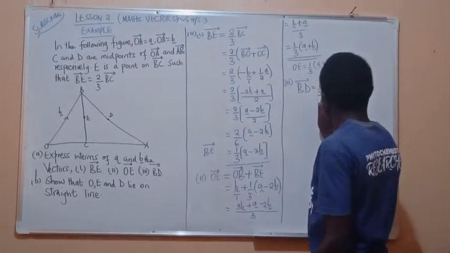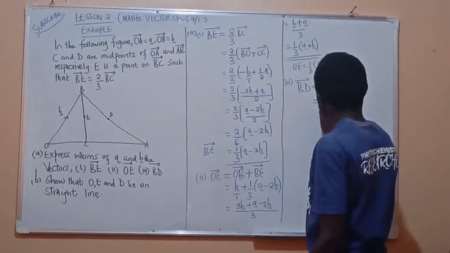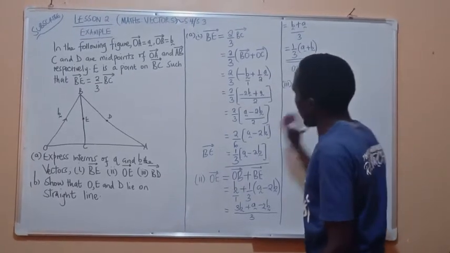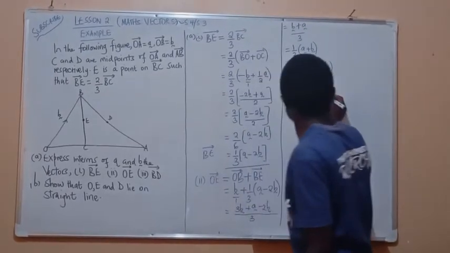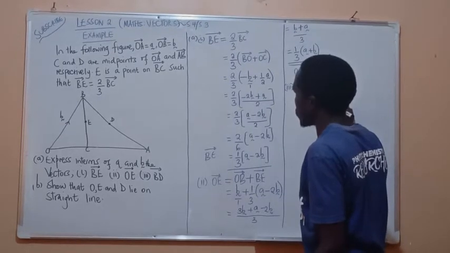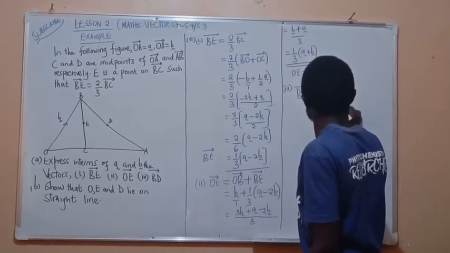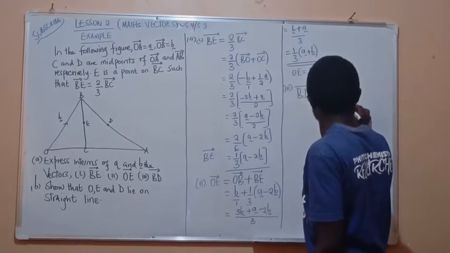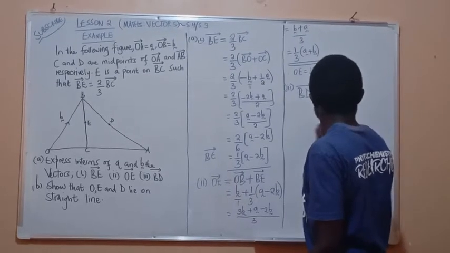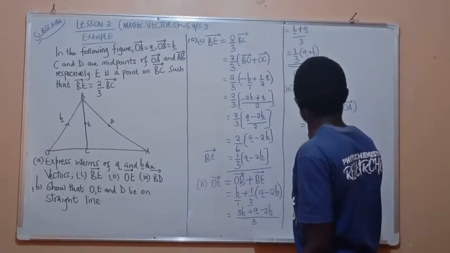So, class, this is a half of BO plus OA. So this is the same as a half.